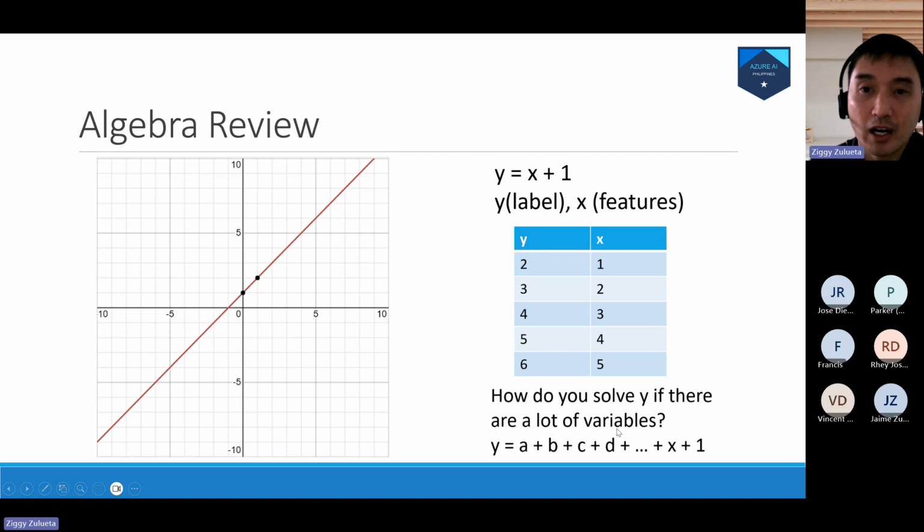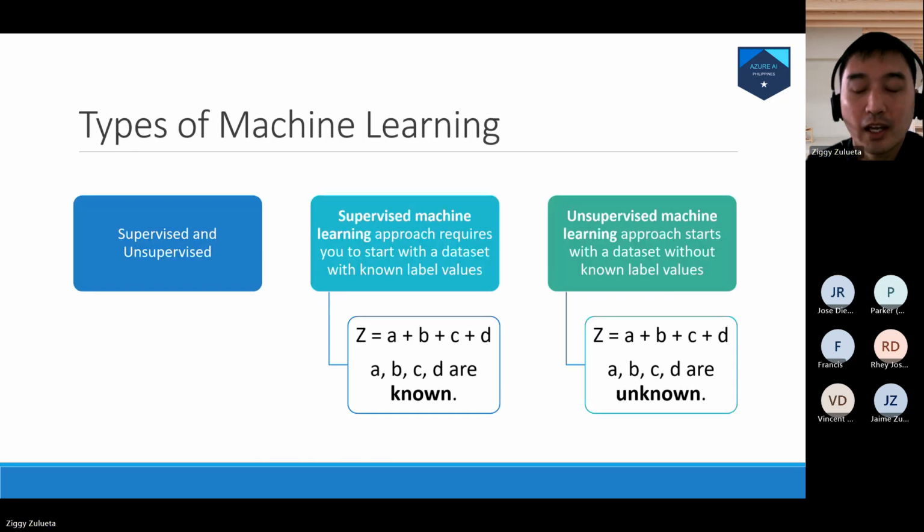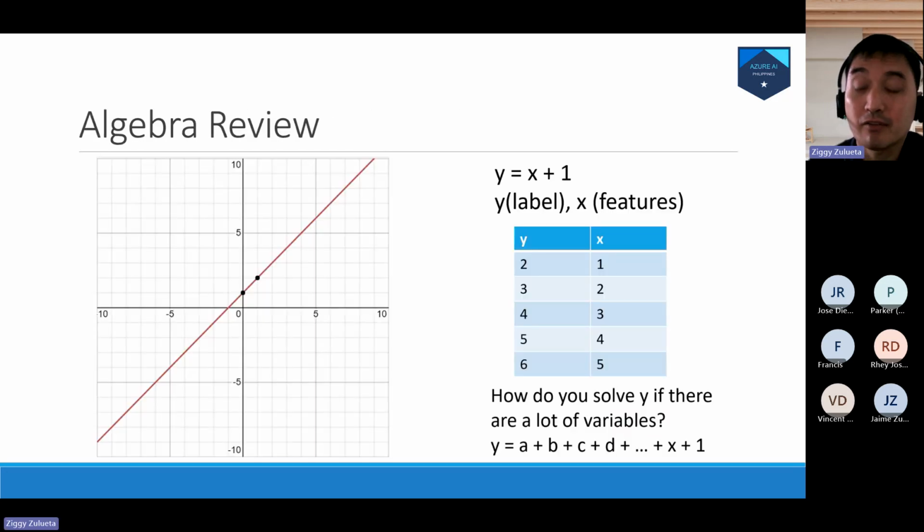So this is where machine learning comes into play. Once you have 10 to 100 different variables, that's where machines will be able to help you solve the equation. Later we'll be discussing why you need to know this, and we'll discuss different use cases for you.